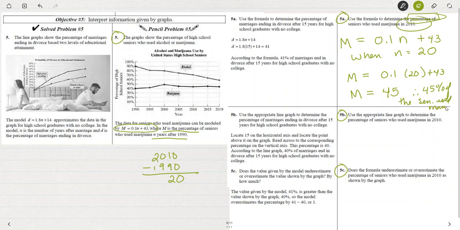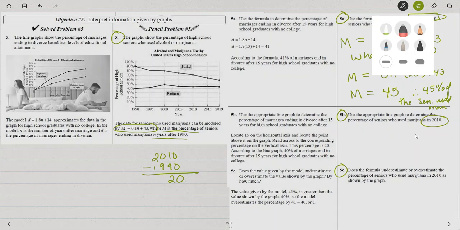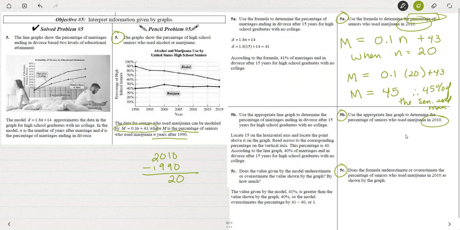But let's keep going. 5B. Use the appropriate line graph to determine the percentage of seniors who used marijuana in 2010. Well, we've found it using the formula. Let's see if we can find it here on the chart. So on the chart, I'm going to switch over to a highlighter here. And what we're going to look for is when N equals 20, so the year was 2010, find where the line for marijuana crosses.